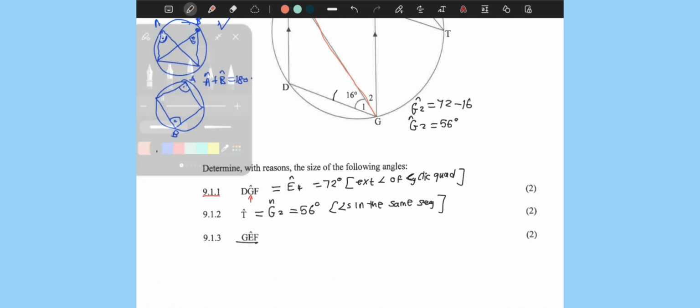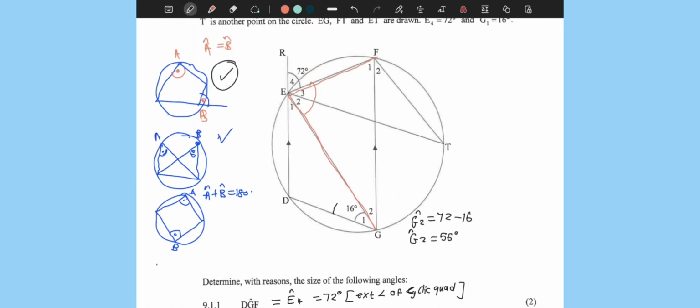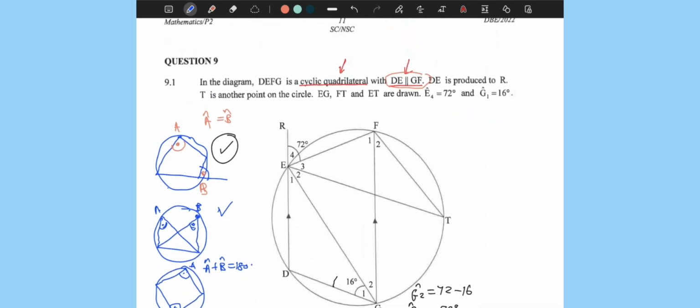Okay, so I'm going to use these parallel lines here. Let's look at this. Remember the conditions of our parallel lines. They alternate. This angle is equal to this. If this one is B, our A is equal to B here.